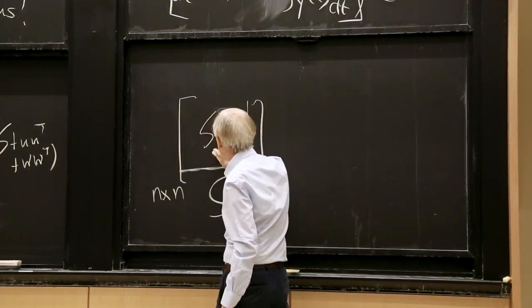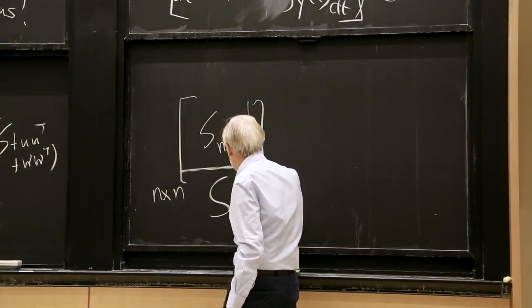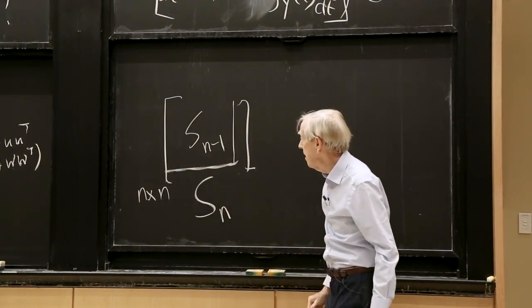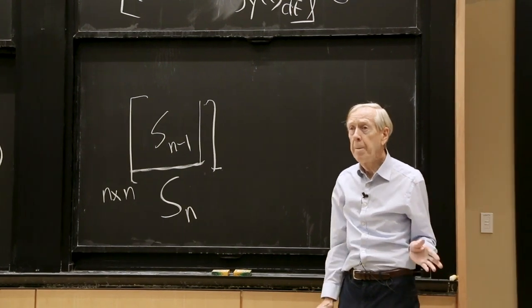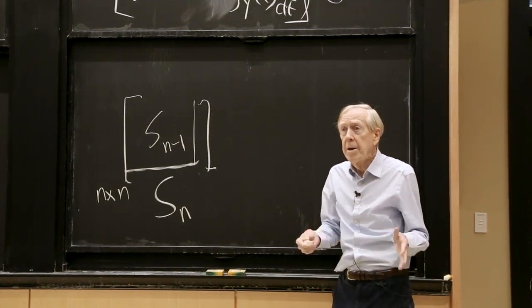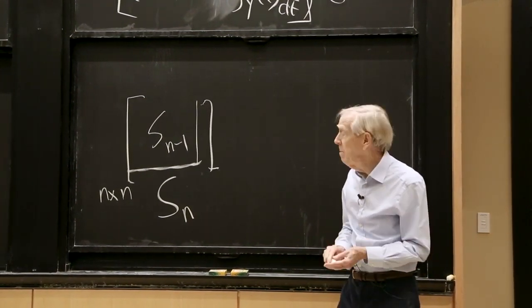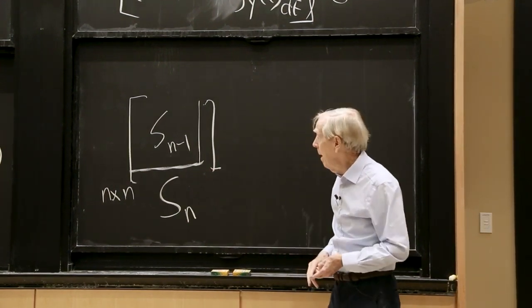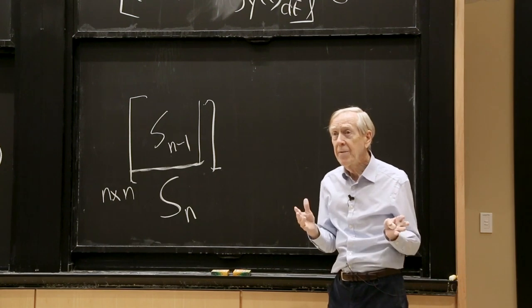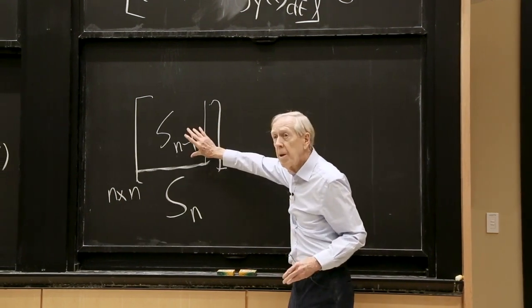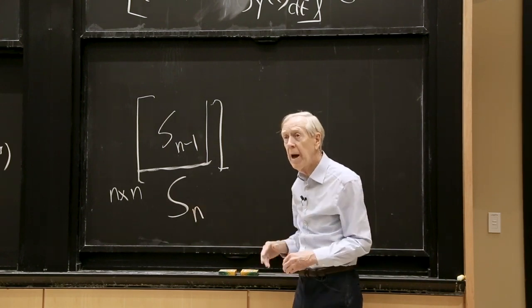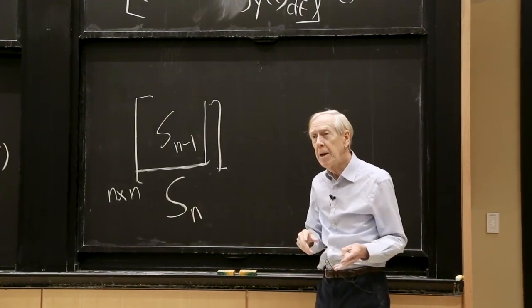So in here is S n minus 1, and the big matrix was Sn. This one is of size n minus 1. It has fewer degrees of freedom because the last degree of freedom got removed. What do you think about the n minus 1 eigenvalues of this and the n eigenvalues of that? They interlace.